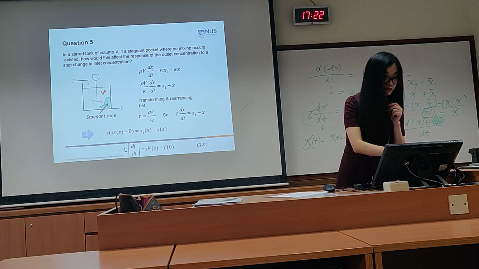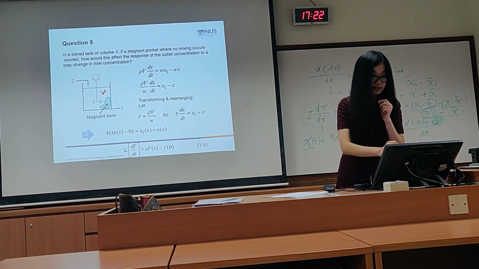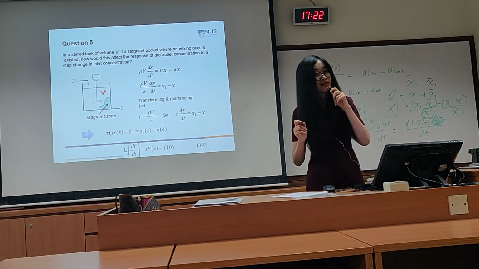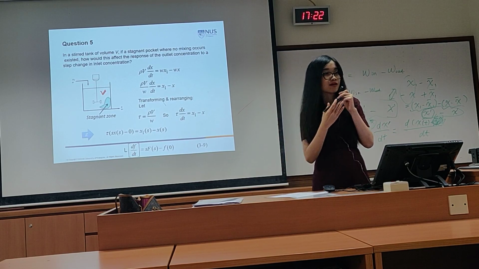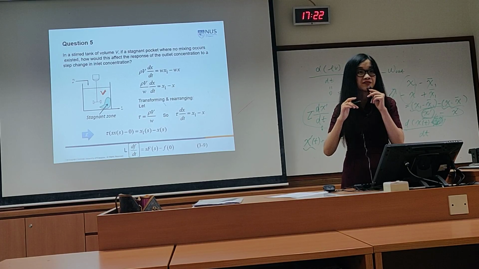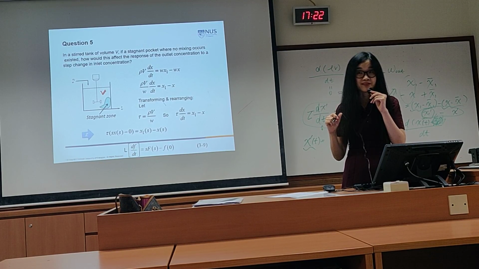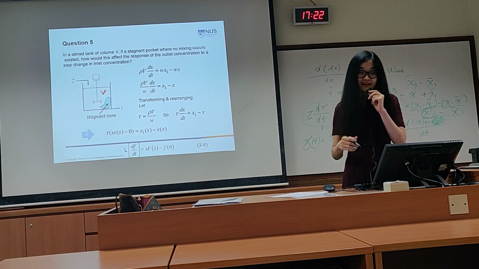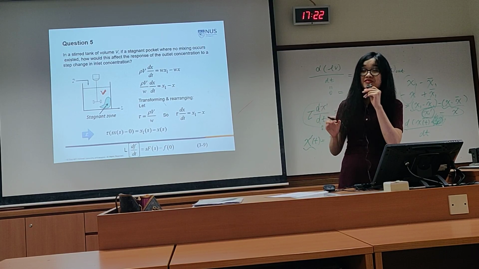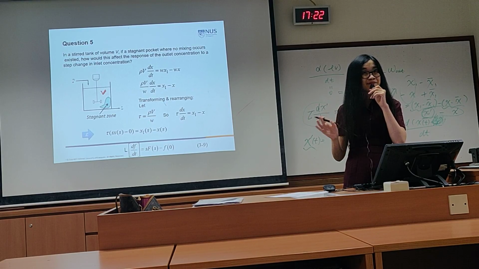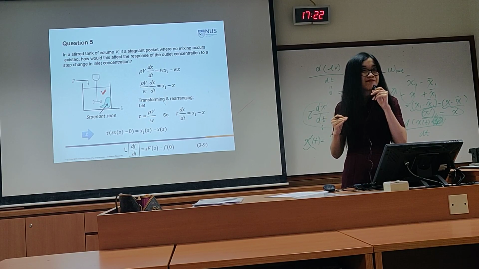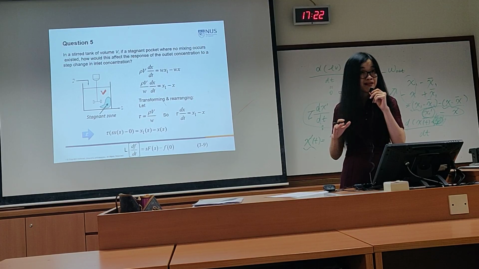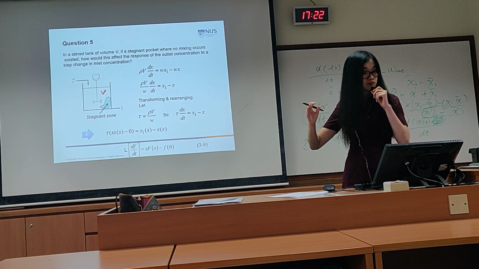Okay, so this is why we love the stirred tank here with the volume V as given. And as always, when we start to analyze the process, we want to draw the process diagram, we want to label all the important variables and parameters we know, and then we want to write down our mass balance. So here on the slide, I give you some of the mass balance equations, but this is not complete. So I want you to think about, if you want to write down the mass balance, how to do it for this system.